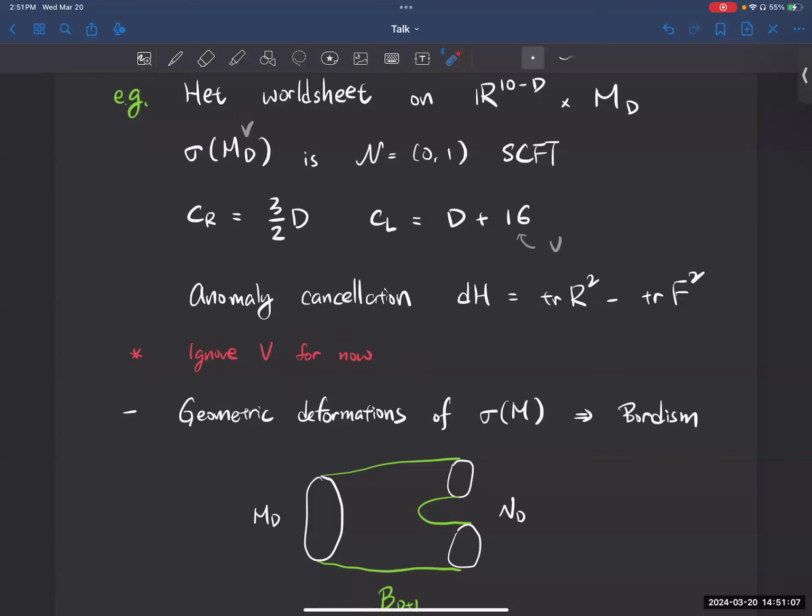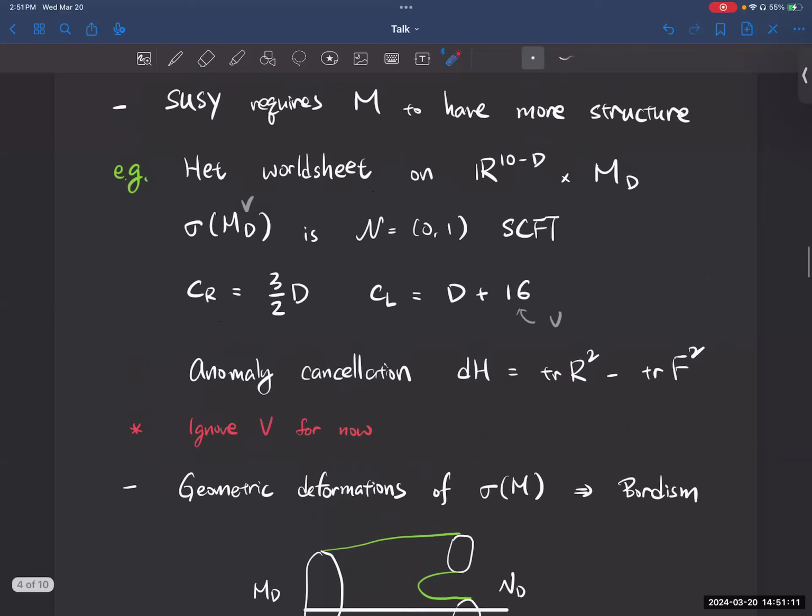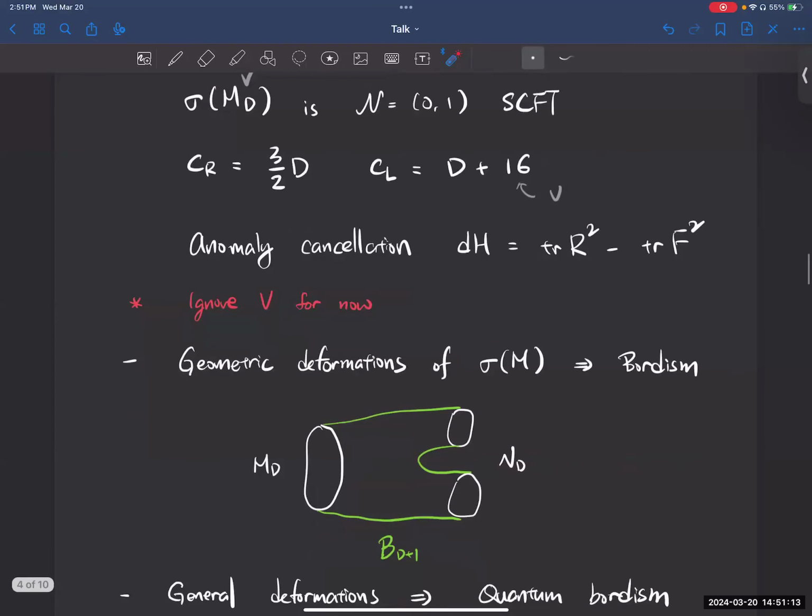But now let's ignore that for now, and let's talk about the geometric deformations of the sigma model. What I mean here is, the sigma model is a quantum field theory, and you can deform it in many different ways.